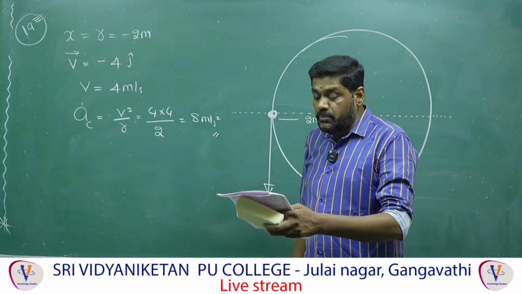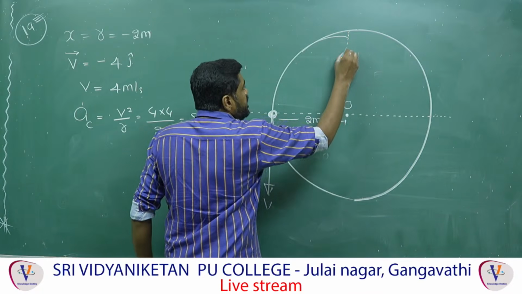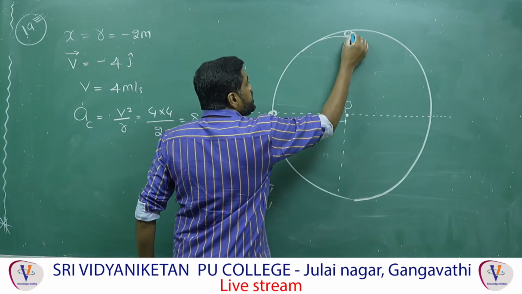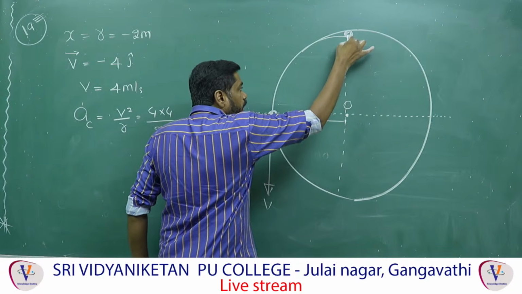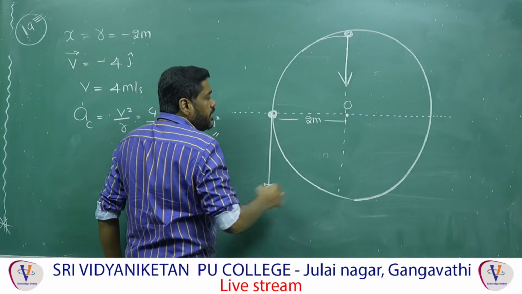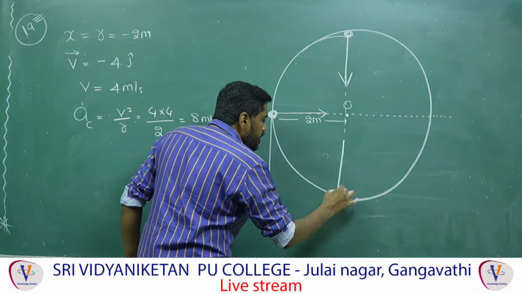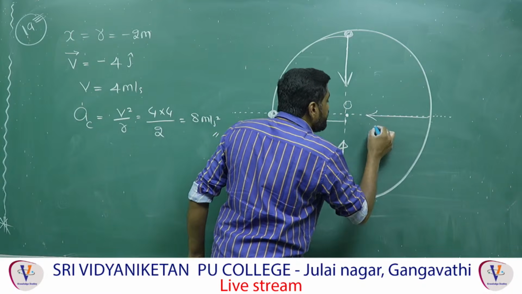Therefore, at what point is y equal to plus 2? If this is the y axis, this can be taken as y equal to plus 2. At this moment, the particle's centripetal acceleration is always acting toward the center. At this point the centripetal acceleration is this side, and at this point it is this side.